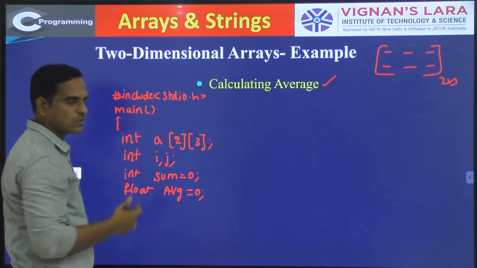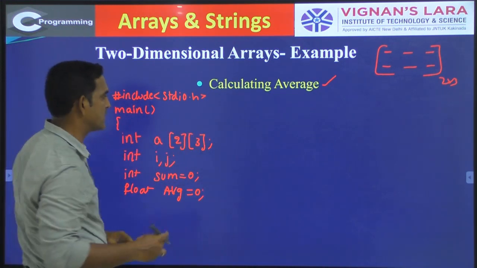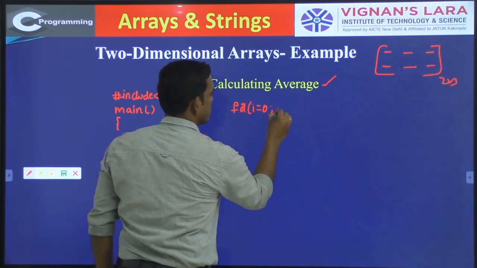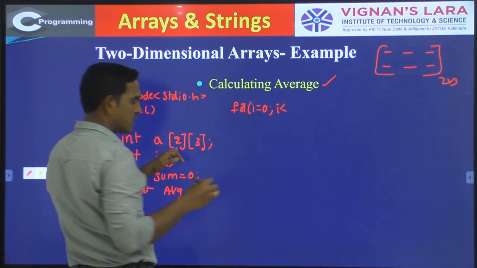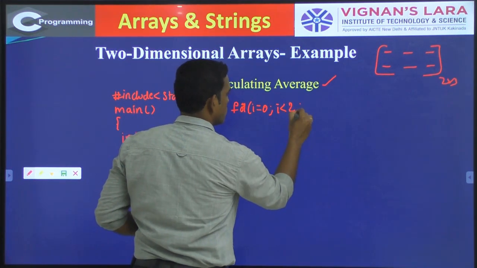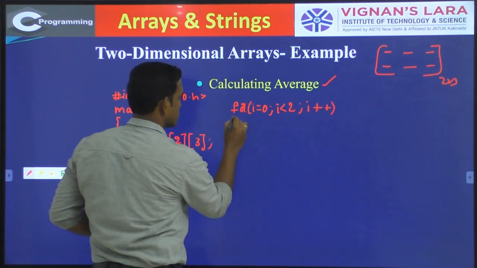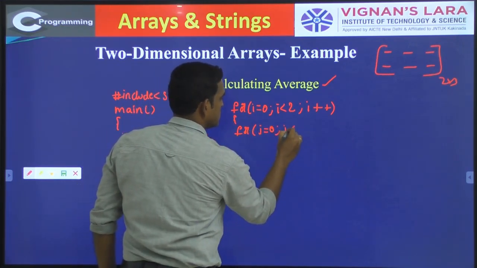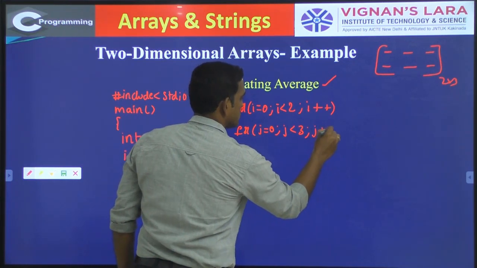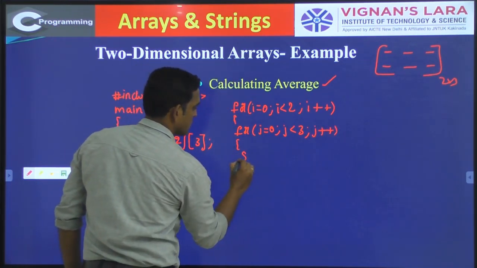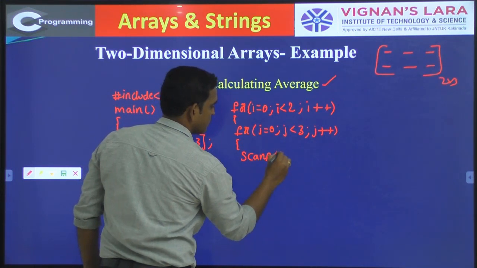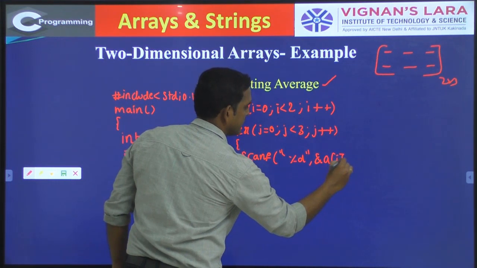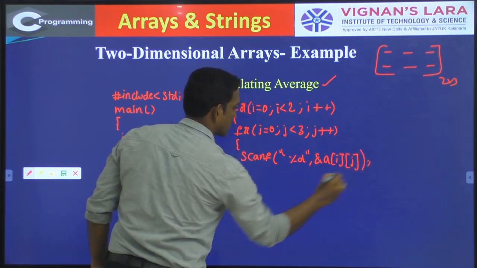Now once after declaration, I have to give values into that particular array. So for i equal to 0, i less than how many? We have 2 rows, so i less than 2, i plus plus. For j equal to 0, j less than 3 columns, j plus plus. scanf %d, address of a[i][j].